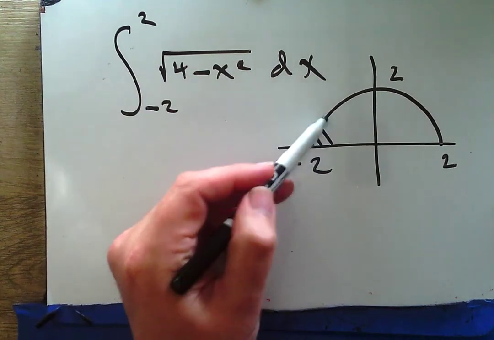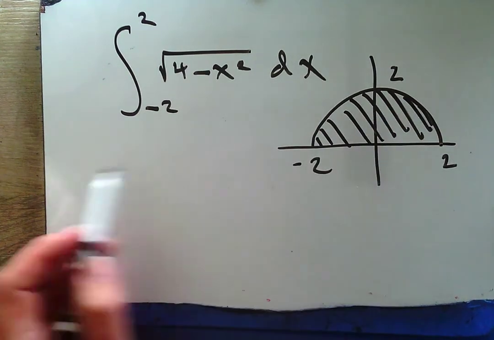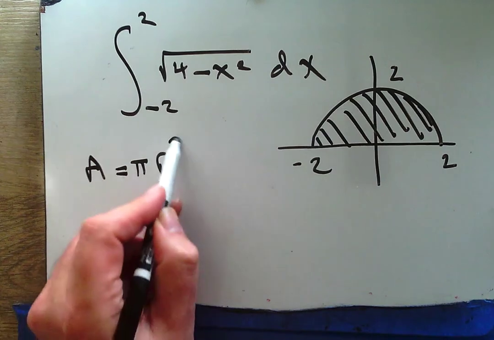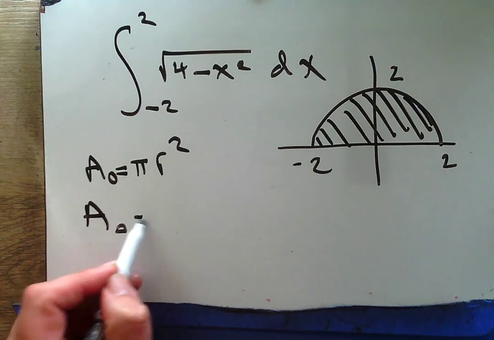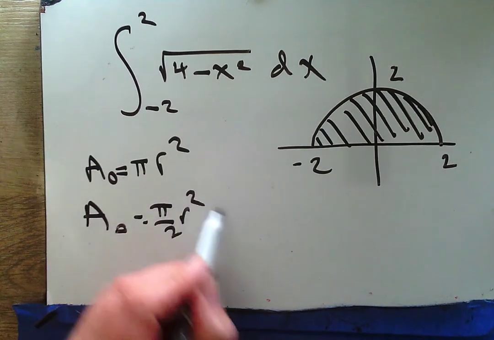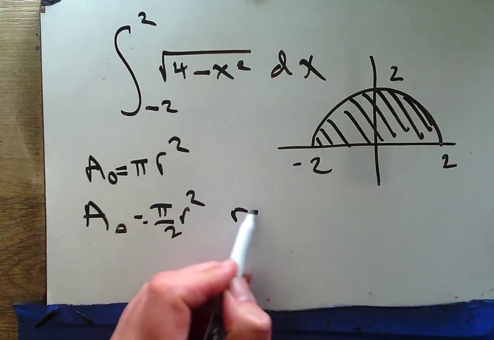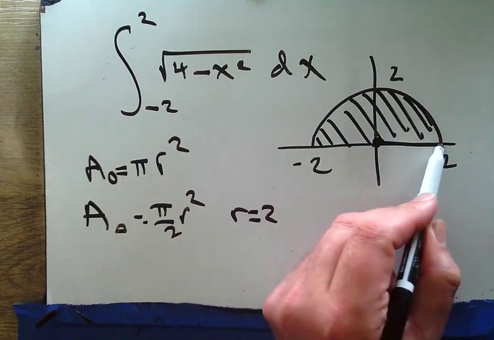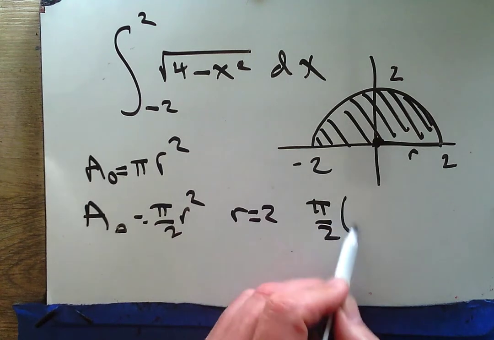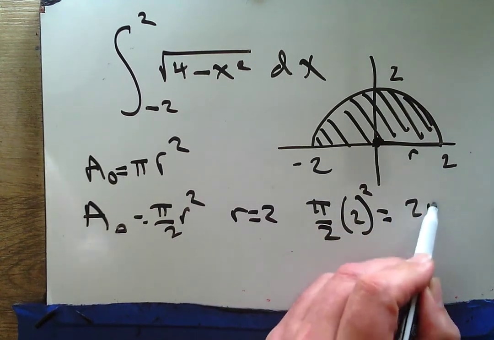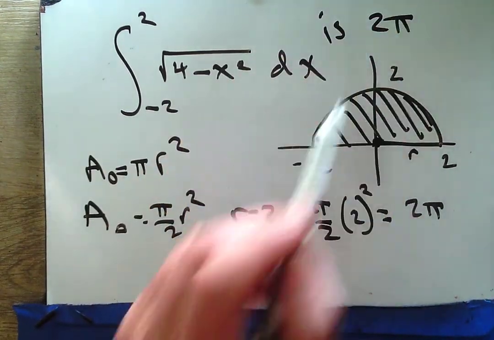And we're looking for the area between the curve and the x-axis. Well, that's half a circle. And we know the formula for area of a circle is pi r squared. So the area of half a circle is going to be pi over 2 r squared, or pi r squared divided by 2. In our situation, r equals 2. There's our center, there's our radius. So I'm going to have pi over 2 times 2 squared, or 2 pi. The value of this integral is 2 pi.